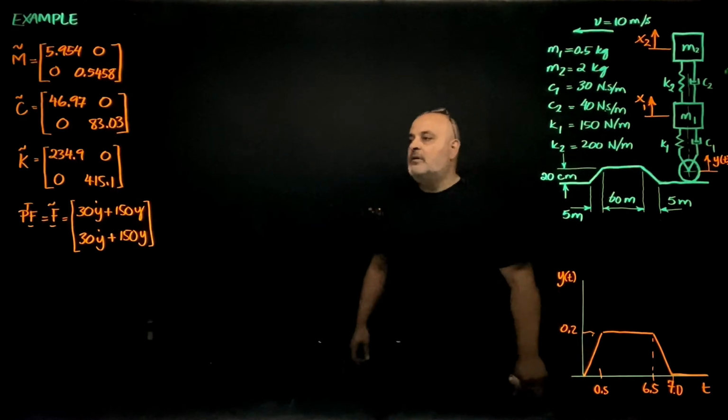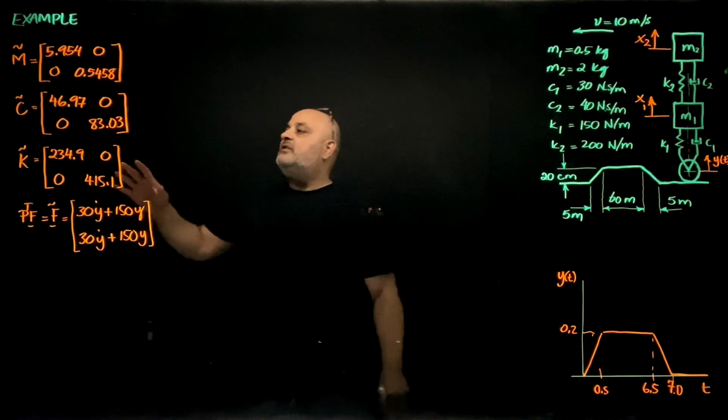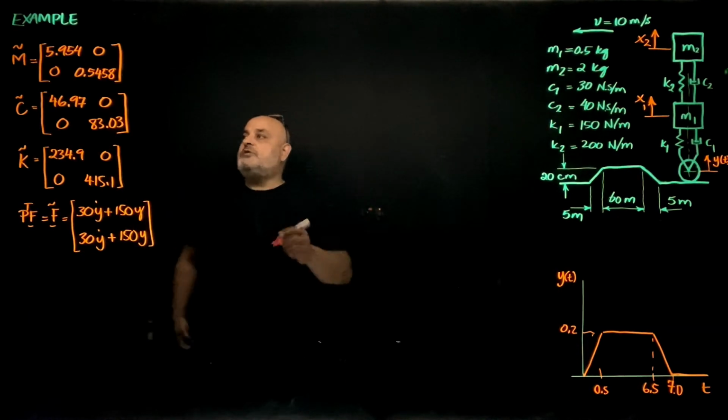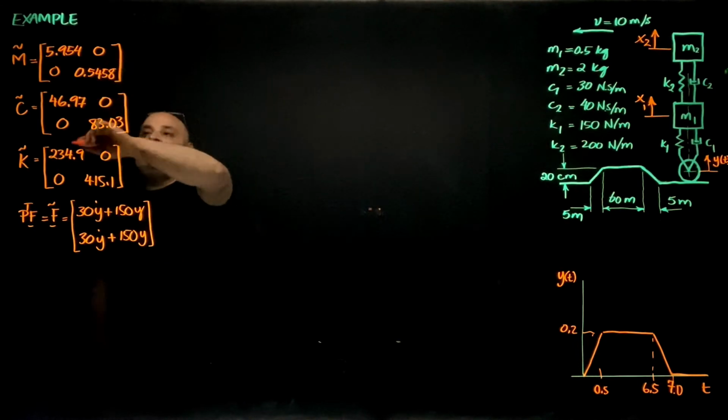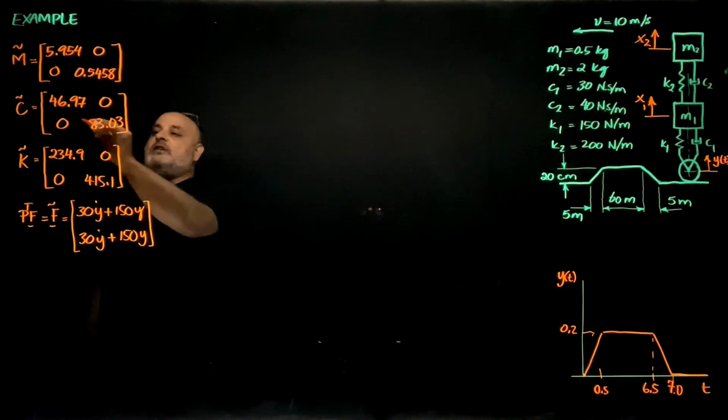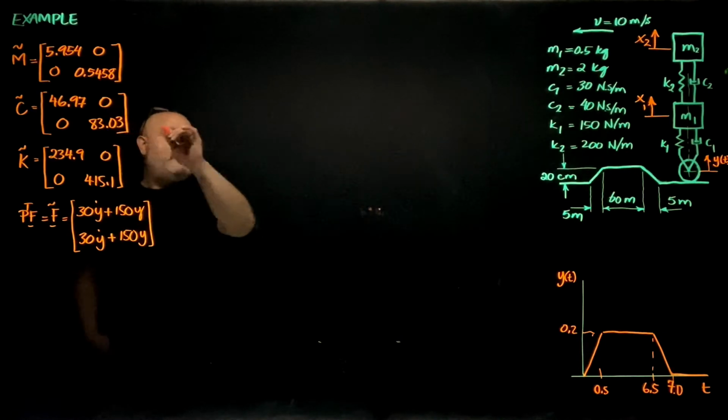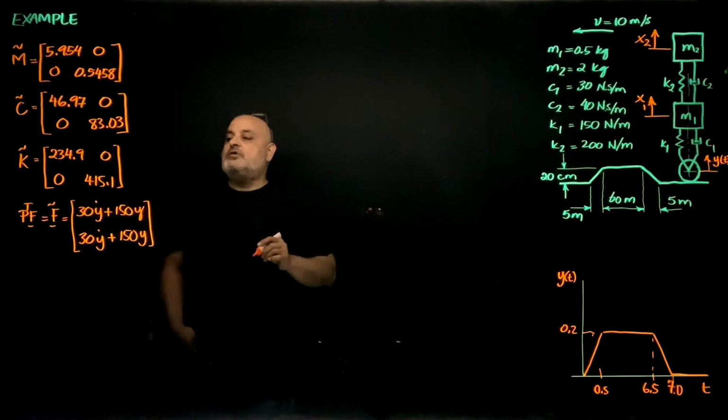Okay. So now here are the decoupled matrices. As we see, all matrices are now diagonal, even the damping matrix, because of the values that were selected carefully so that we have proportional damping.